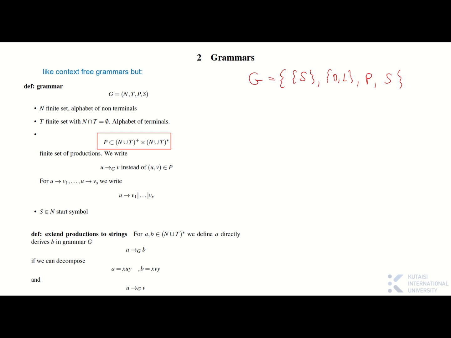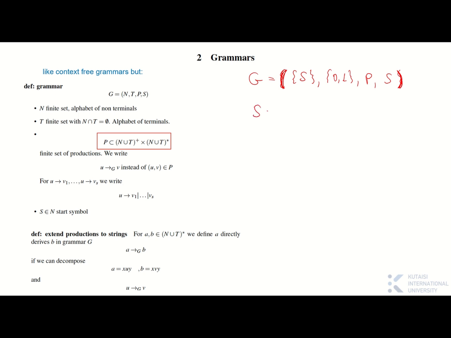My grammar has to be a tuple. It's not a set, because it really matters where I write things, since I have to know this is non-terminal, this is terminal. If I write it as a set, then it doesn't matter. So it has to have parentheses around it. First I have to tell you what is P. I only have two rules.